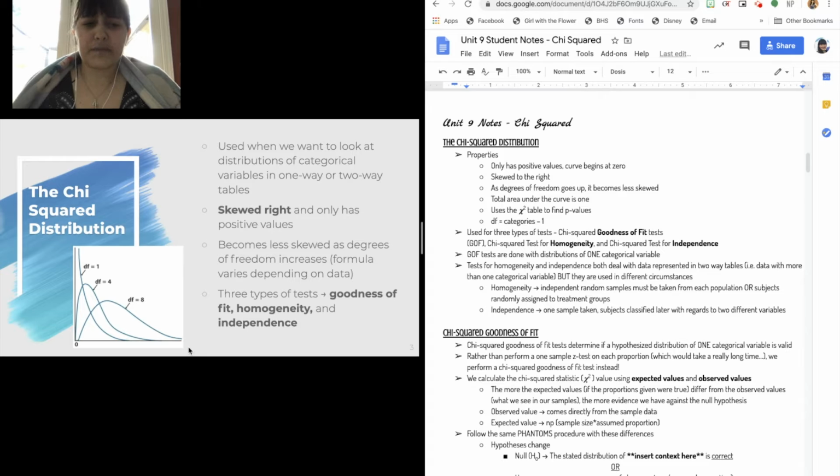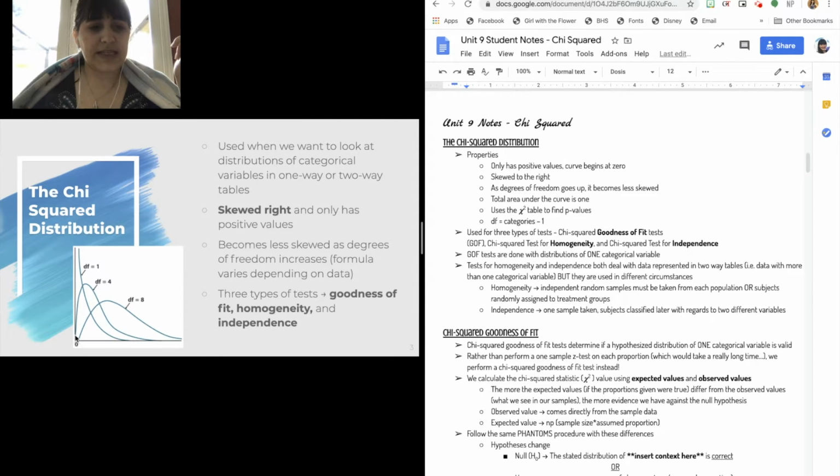As the degrees of freedom increases, you can see here, it looks more like the normal curves that we're used to, right? So in general, the chi-squared distribution is skewed to the right, and it only has positive values, okay? The reason for that is because we're always dealing with proportions with chi-squared, so it's always going to start at 0.